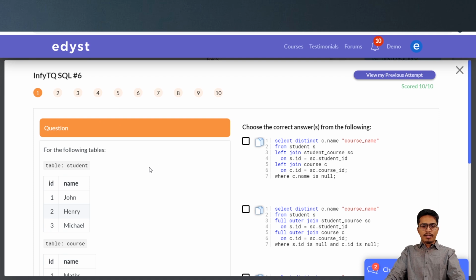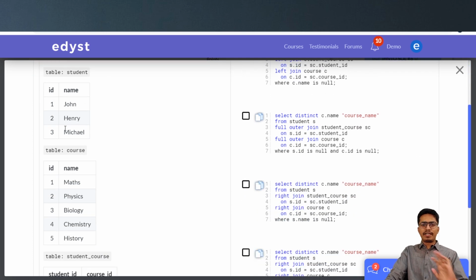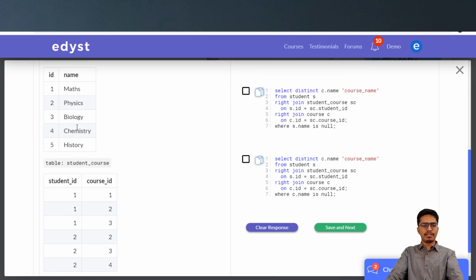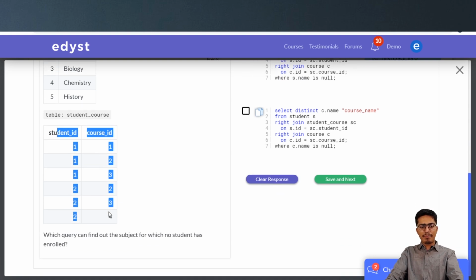Right, so for the following tables, let's make a quick mental map of what this actually looks like. There's a table that has ID and name. These are 3 students with their IDs 1, 2, 3. These are 5 courses with their names math, physics, biology, and so on. And we have a mapping here that says which student ID took which course.